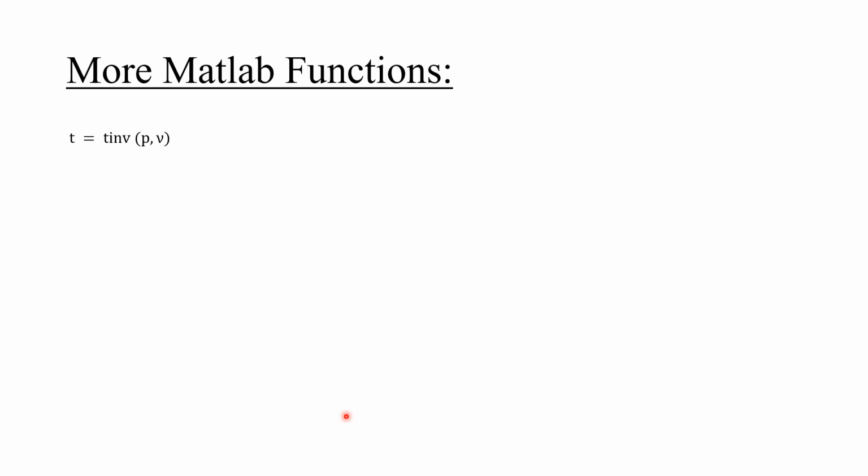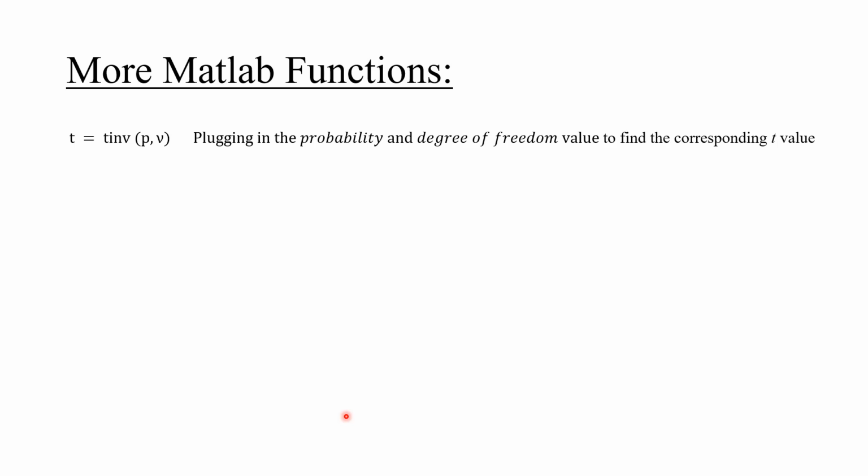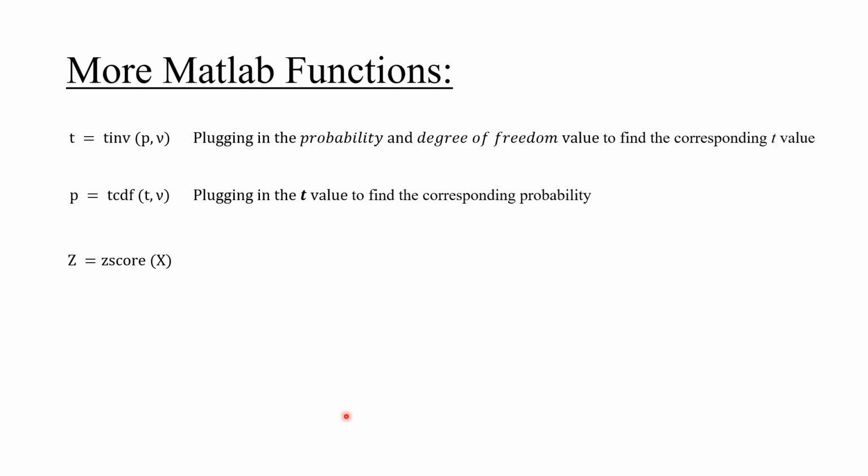Matlab has a bunch of more functions related to z-value, t-value, and probability. One is what we discussed: you plug in the probability and degree of freedom and you get the corresponding t-value. You can do the reverse. If we have the t-value and degree of freedom, we can find the probability. Also, Matlab has a function called zscore, which is very confusing.